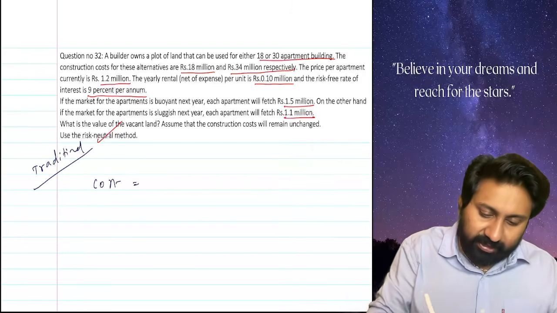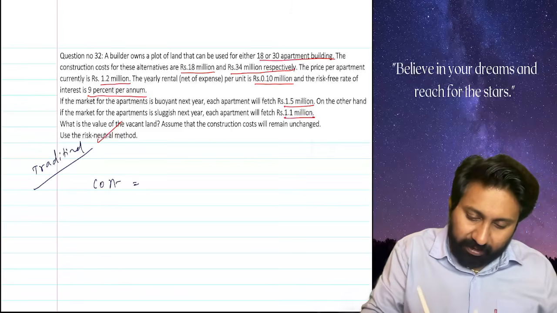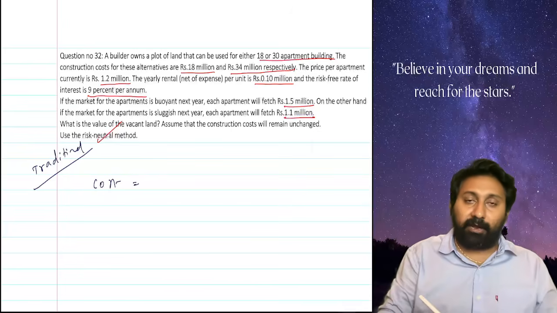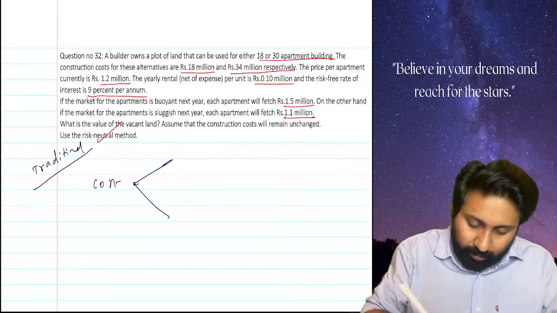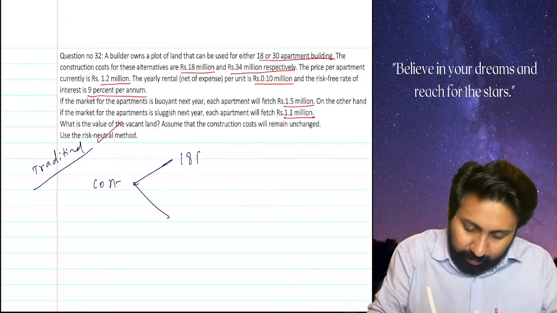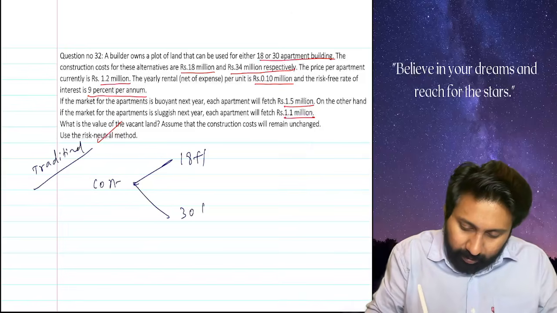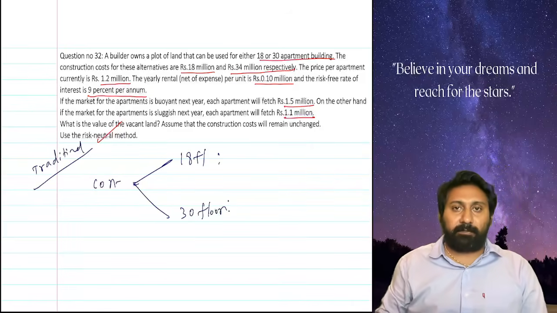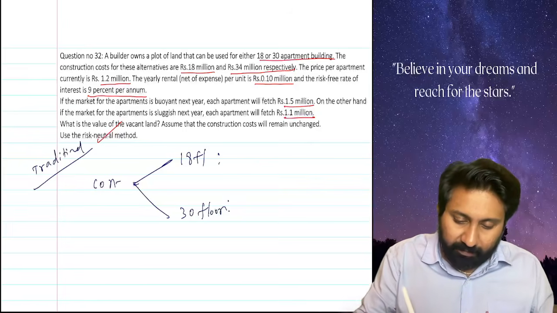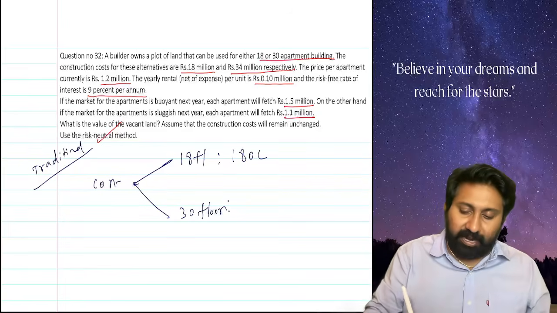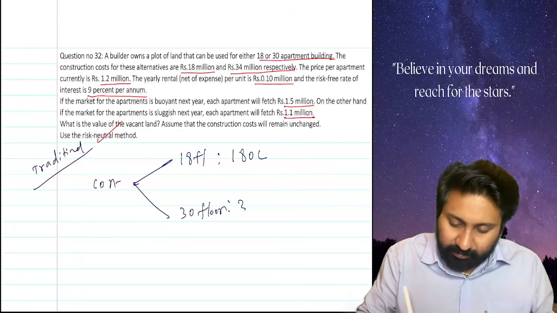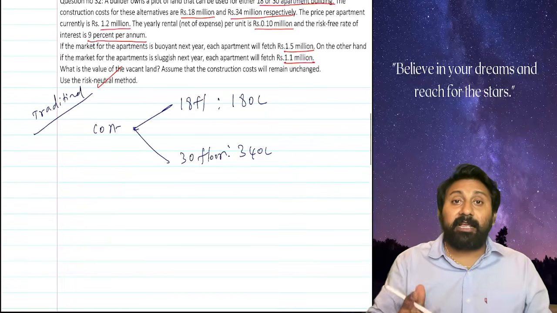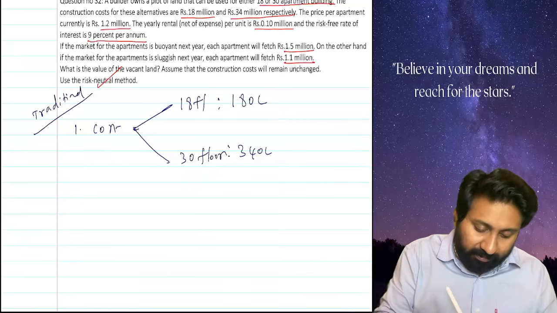To construct this, I will be incurring 18 million for 18 apartments and 34 million for 30 apartments. 18 apartments, 180 lakhs. 30 apartments, 340 lakhs. This is the cost of construction, number one.